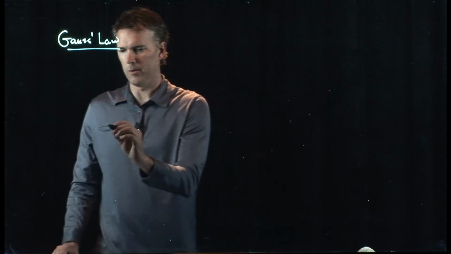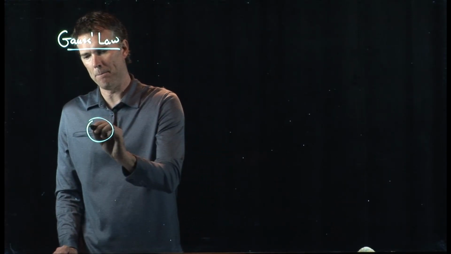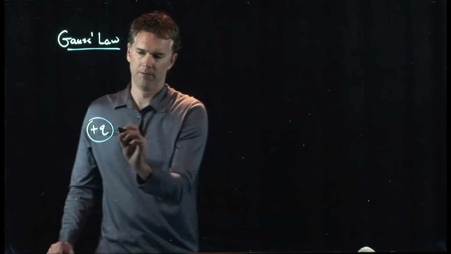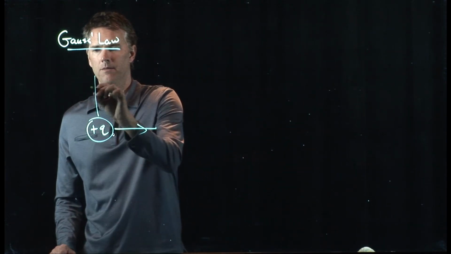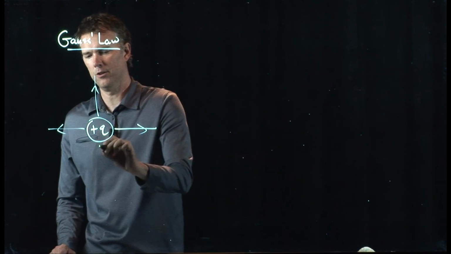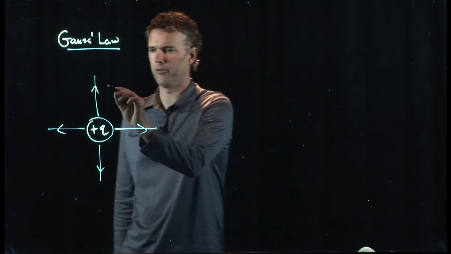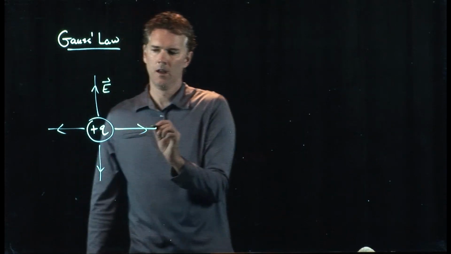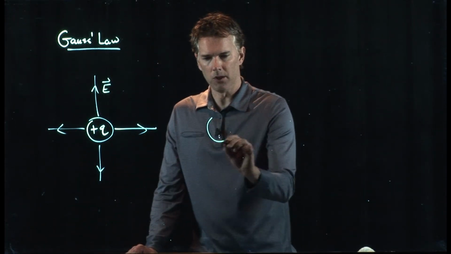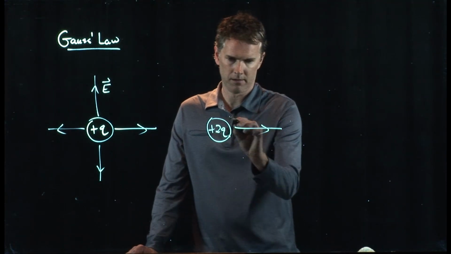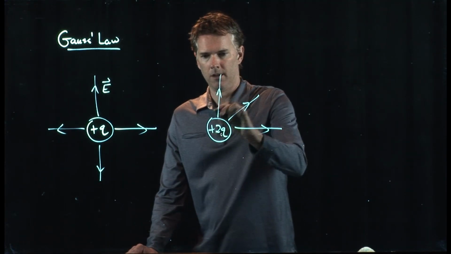Let's say we have the following. Let's say I have a positive charge Q, and we're going to draw some field lines. All right, we know how to do that. Field lines leave positive charges. This is the electric field E. But now let's double the Q, plus 2Q. And so we've got this, this, and so forth.